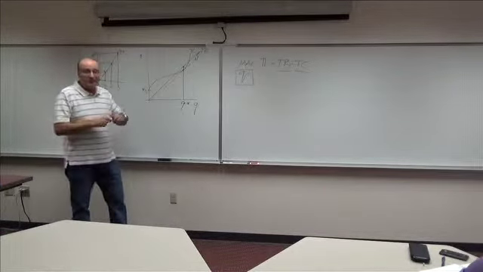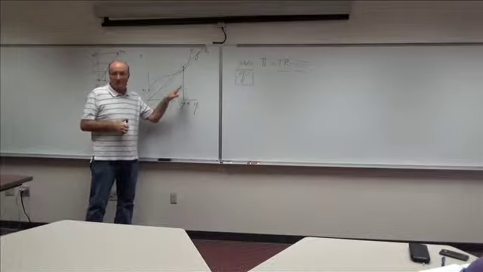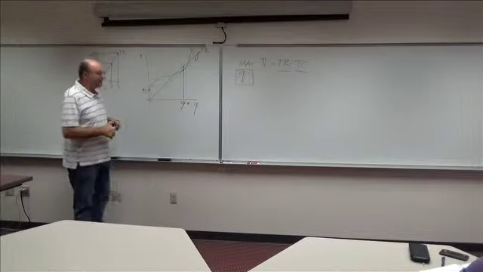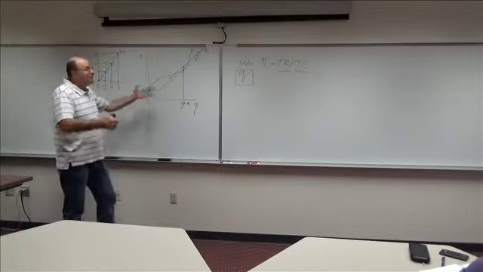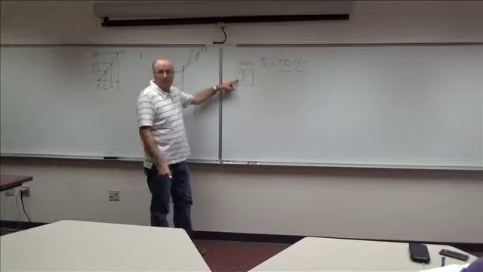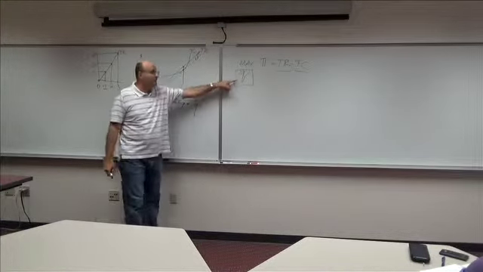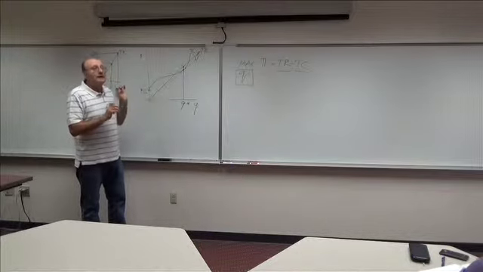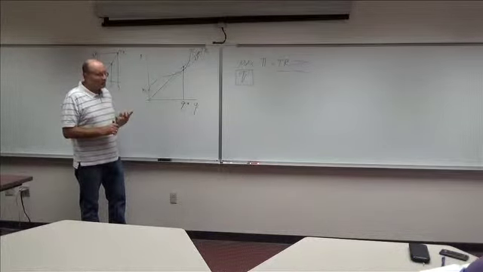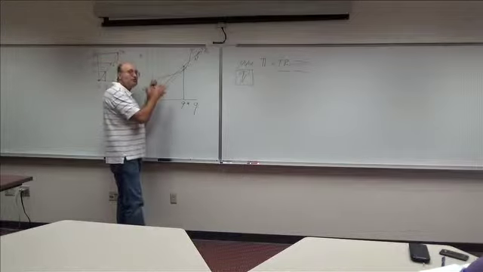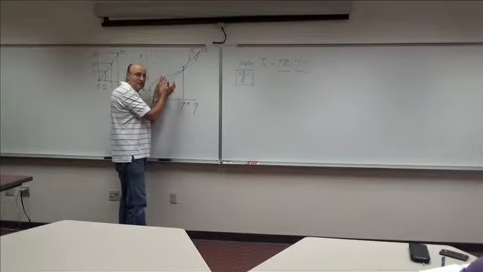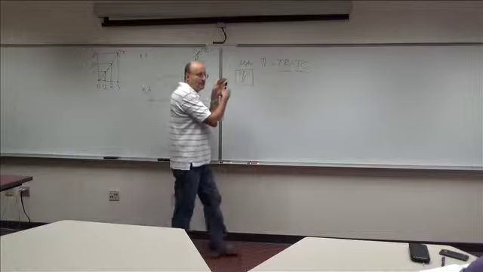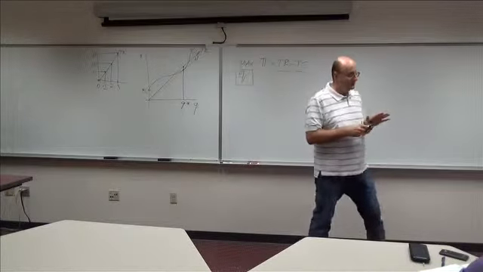Did we have this picture on the board? I believe we did. Very good. So we found the quantity the firm produces and the profit it generates. We found it all.